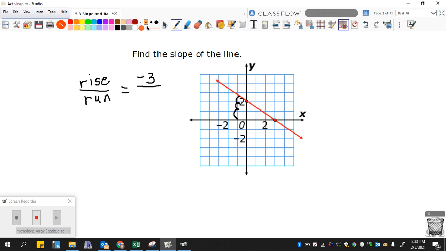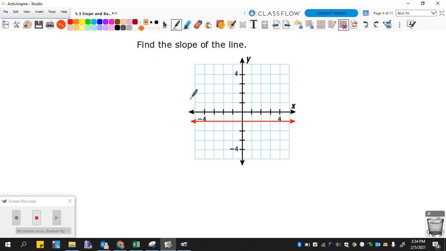And then our run is 1, 2, 3, 4. Now, it's important to notice here that we're counting the spaces. We're not counting the lines. So it's -3 over 4, or that could just be written as a slope of -3/4.